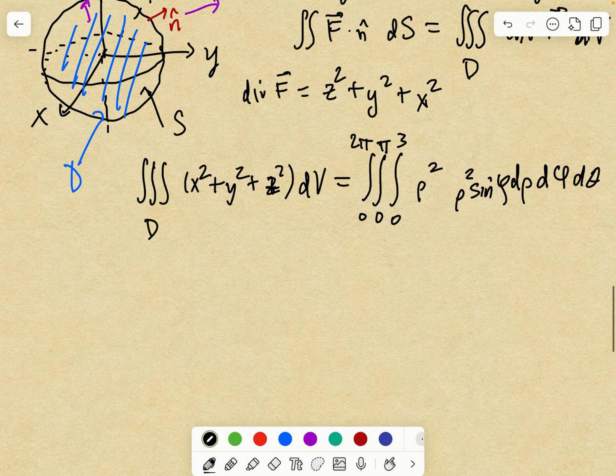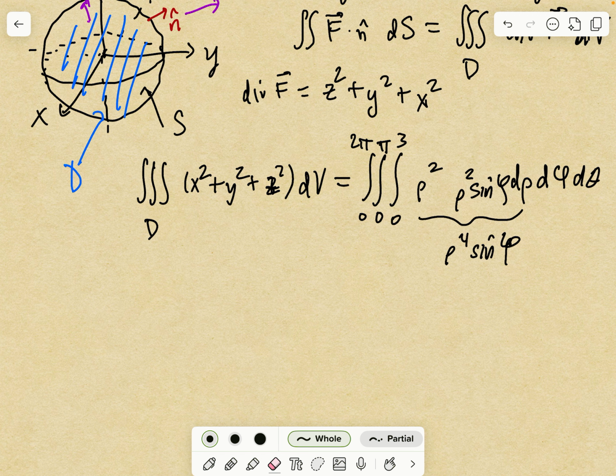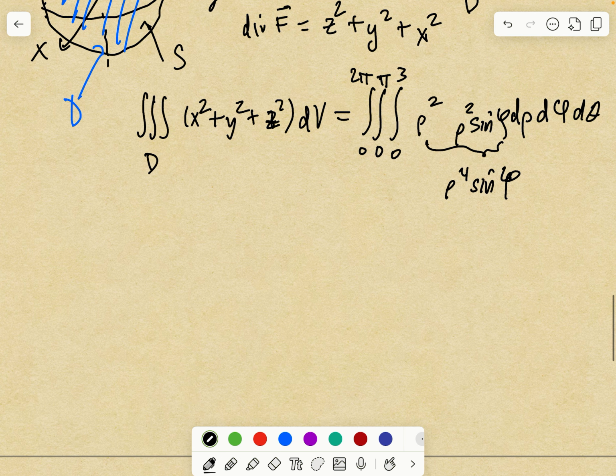Now we need to evaluate each of these integrals. First, let's make sure we're clear on what we're integrating: rho to the fourth times sine phi. Let's do the inside integral.